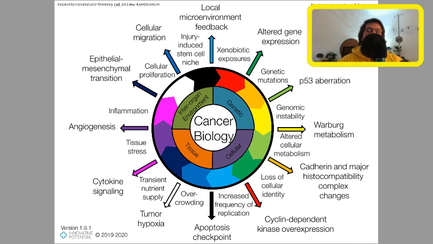So the xenobiotic exposures are different chemicals or something like that you're going to pick up. So I'm going from the local microenvironment feedback to xenobiotic exposures. I'm going from something mental outside down right into the tissue level. So right down into the histology, kind of microscopic areas, and the biochemistry.